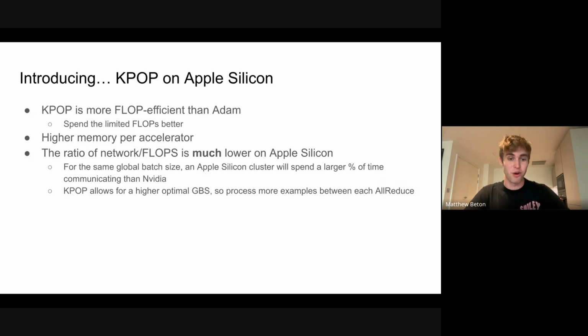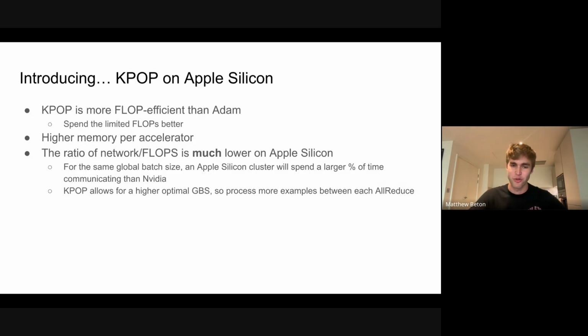The great thing about KPOP is that because it's a second order method, you can push the global batch size higher before you get diminishing returns of adding more data. This means that instead of processing 1,000 prompts per optimizer step, maybe you can process 10,000.